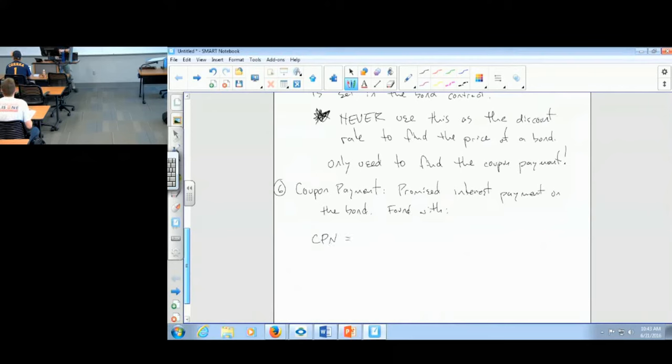The coupon payment, the text and a lot of other places abbreviate it CPN for coupon. This thing is equal to the bond's coupon rate times the face value, all divided by the number of coupon payments per year.